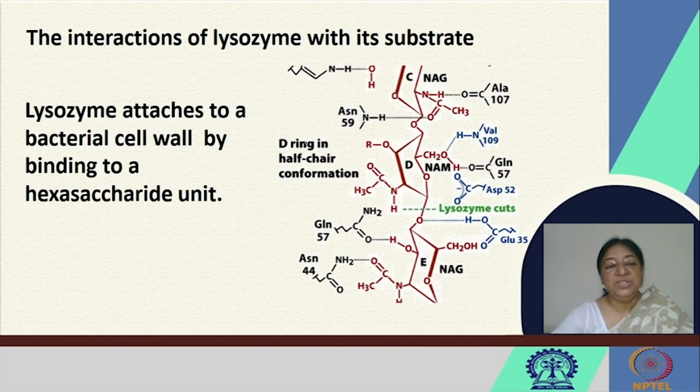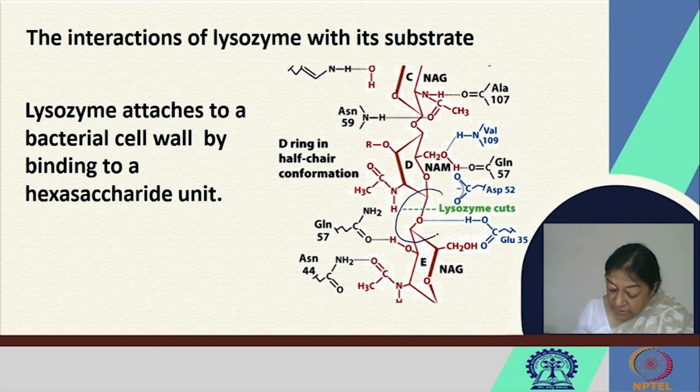So the interactions of the enzyme indicate that lysozyme attaches to the bacterial cell wall by binding a hexasaccharide unit. That is, it binds 6 of these units together and it breaks the bond between this specific unit here.